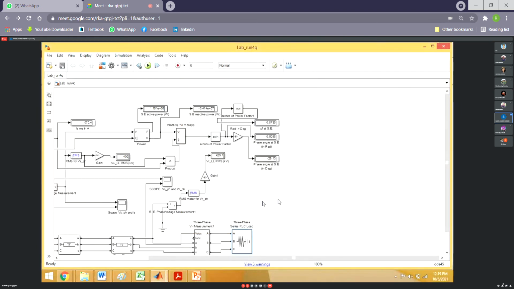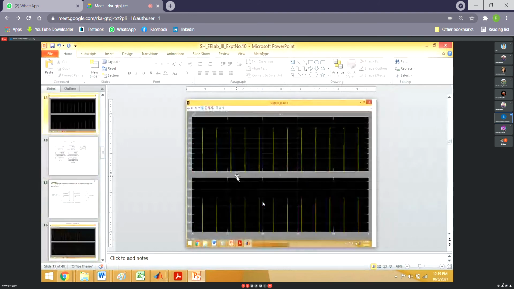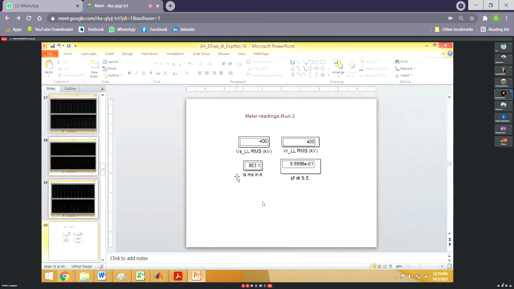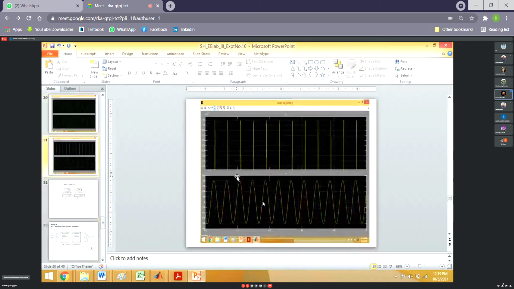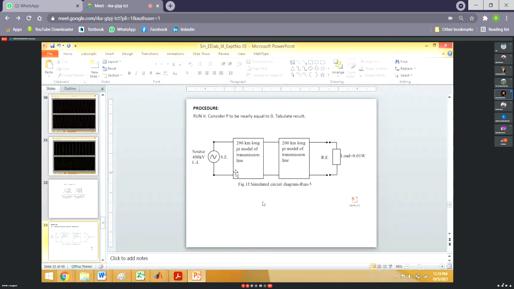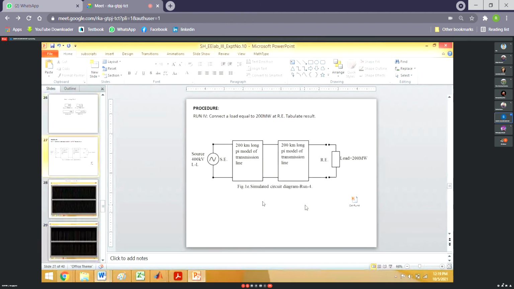Yes, no problem, things are the same. Run 3, connected load equal to 200 megawatt, na? These things have interchanged.